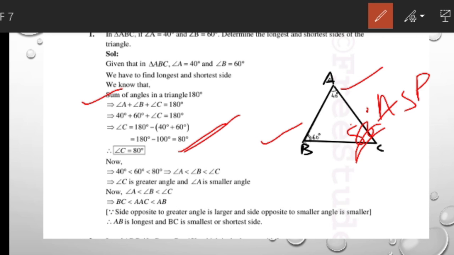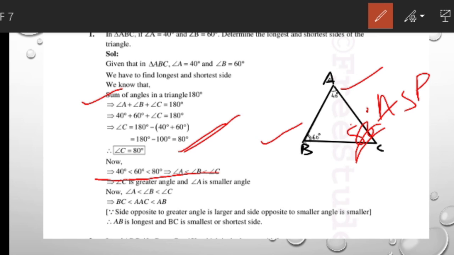Now we have all three angles. We have just learned that the side opposite to the largest angle is the longest. So here we have arranged the angles in ascending order, from small to big.